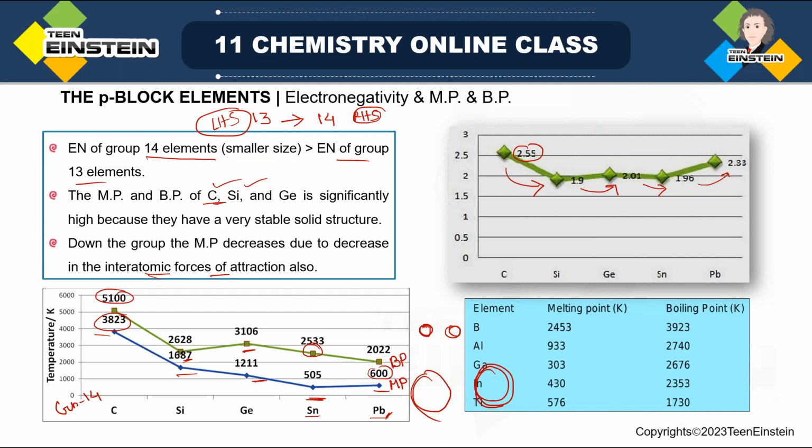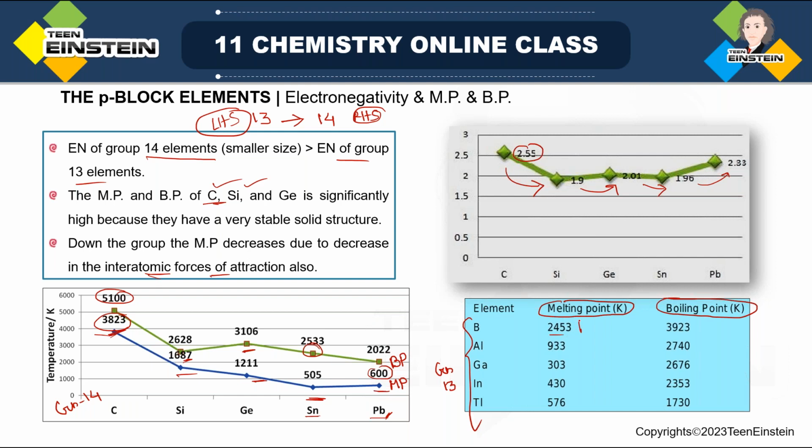Now here we also have a table which is just for comparison purposes. This table is for the elements of group 13. Look at the melting point in Kelvin and also the boiling point so that you can compare. Just take boron, its melting point is 2453. For carbon it is 3823. I'm comparing elements of the same period, because when you are comparing, you should fix the period. Carbon and boron are both from the second period.